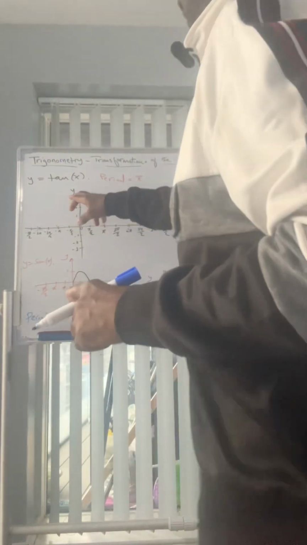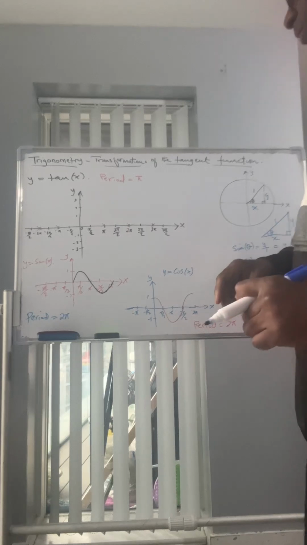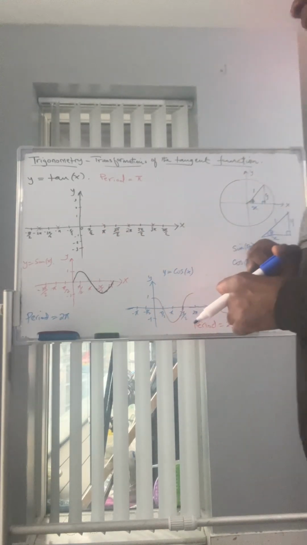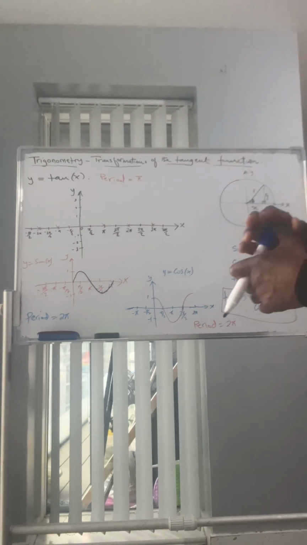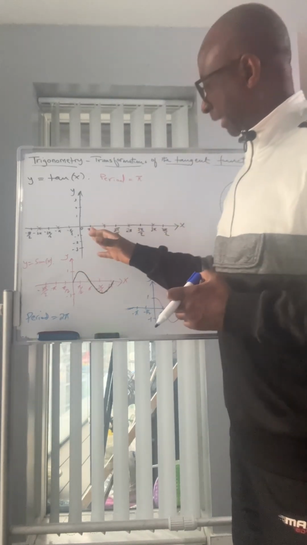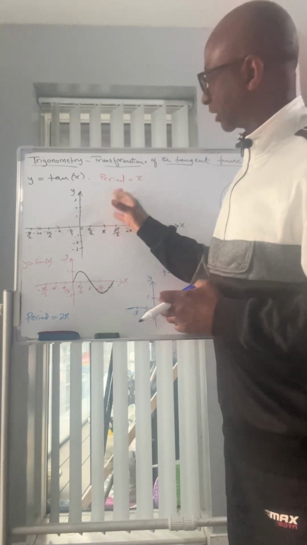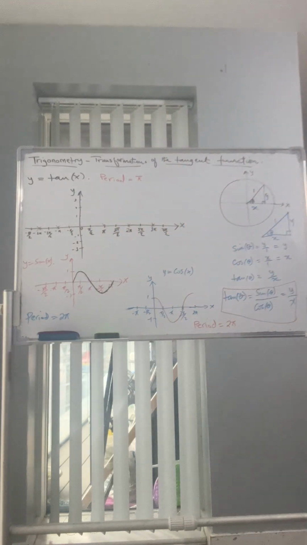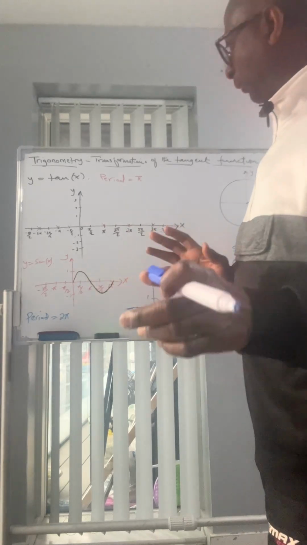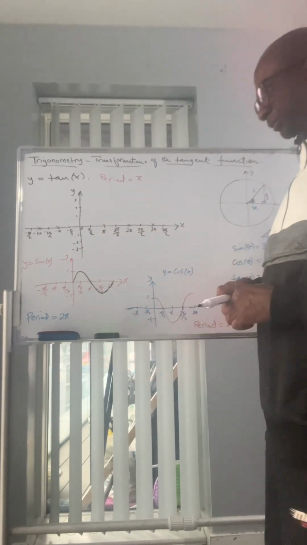We have the y-axis and we have the x-axis. So let's start sketching this graph. The tangent function is similar to the sine function in the way that they both start from 0.